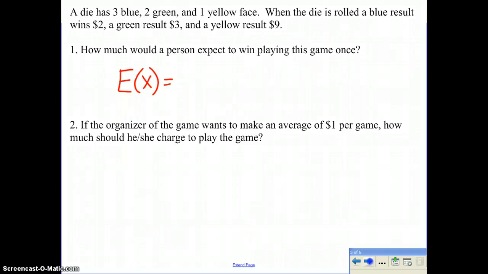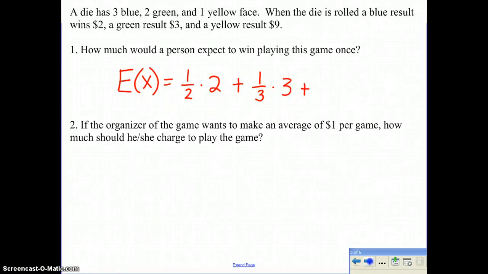wanted to roll a blue, there are 3 blue faces, that's 3 out of 6, or a probability of 1/2, times the winnings. Blue wins you $2, so we're going to multiply that by 2. Plus, the next outcome, we could potentially roll green, that's 2 out of 6 faces, or 1/3, times the winnings for green, which is $3.